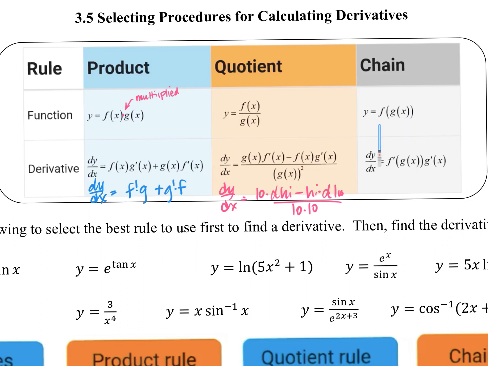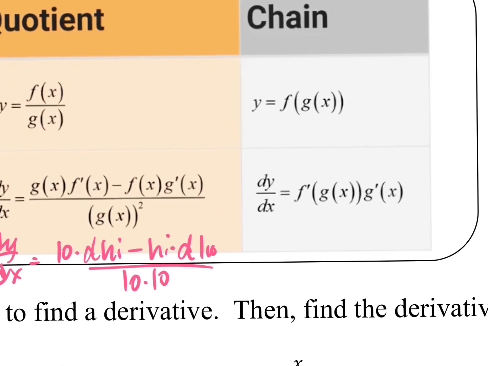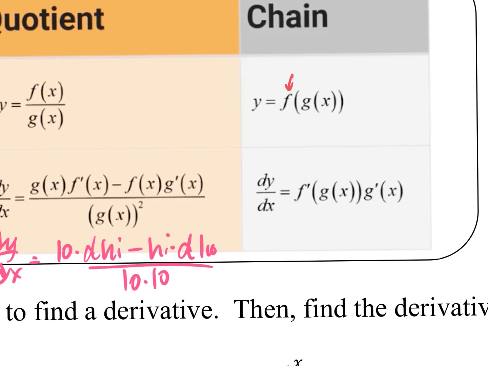And then what's up with this chain rule? What do I have in here? F is the outer and G is the inner. So again, maybe we just remind ourselves, that's my outer, this is my inner. And maybe you write words to this. What is F prime?